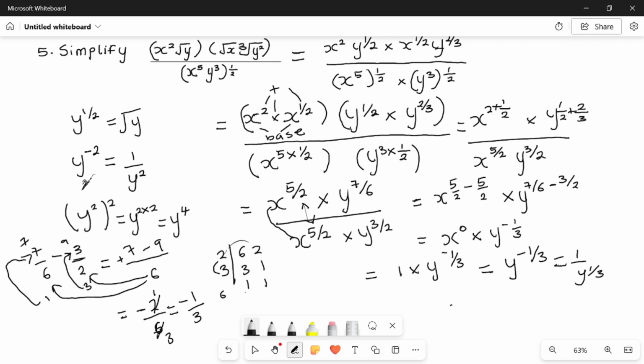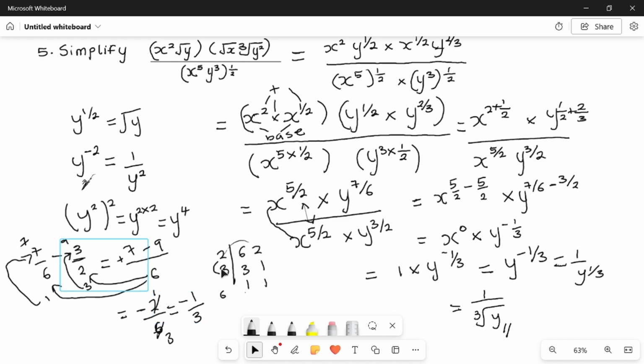Our final answer will be 1 all over the cube root of y. So this is our final answer.